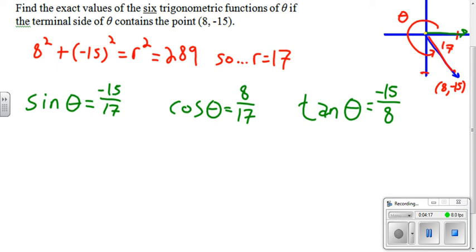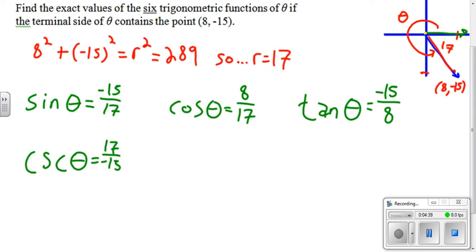Remember their inverses then. The flip of sine is going to be the cosecant. So the cosecant of theta, we can either just say is r over y, or we just know that it's going to be the reciprocal of sine, so it would be 17 over negative 15.